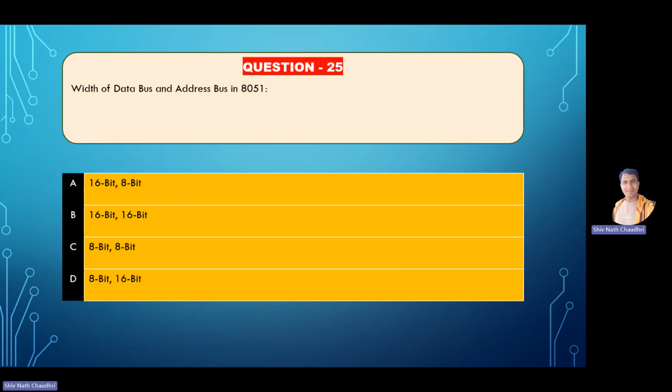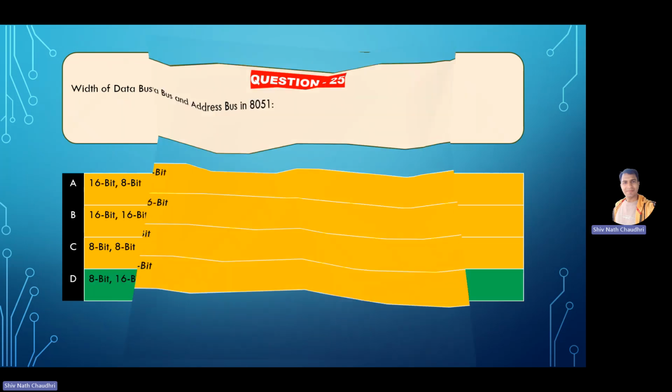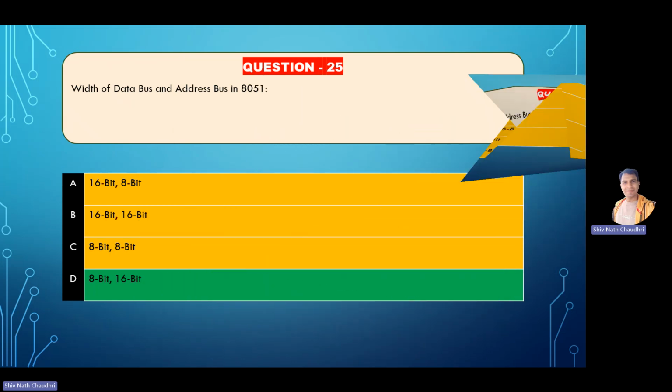So what is the combination for 8085? 8-bit data bus and 16-bit address bus, and this is given in option D. So I think option D is the right answer for this question. Yes, 8-bit data bus and 16-bit address bus are available in the 8051 microcontroller. Let's see what is next.